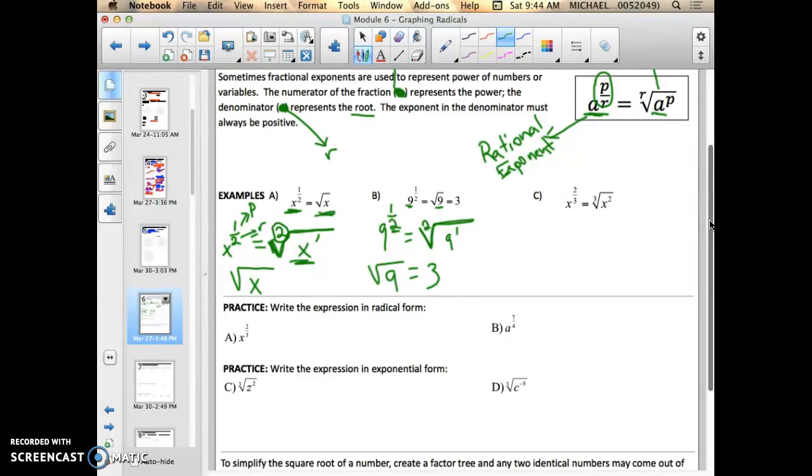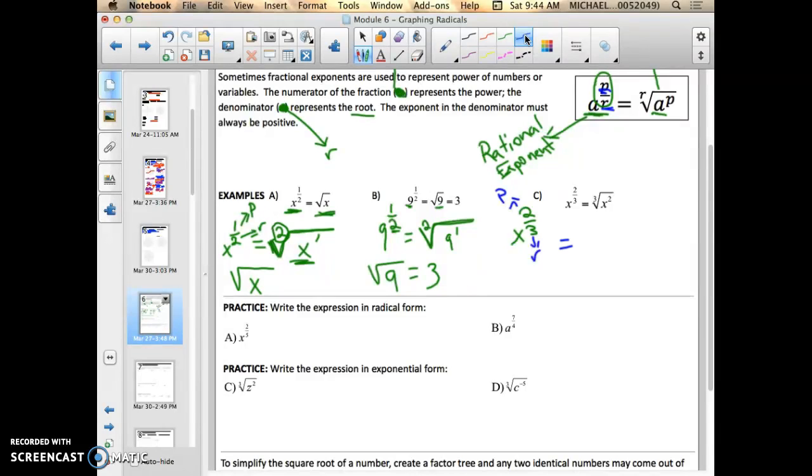And then finally, part C. And this will be a good example because it shows you a little bit more of the thought process. I'm going to rewrite x to the 2/3. And I'm going to write, again, 2 is my p, or the power, above, right here. And 3 is my r, or my root, below.